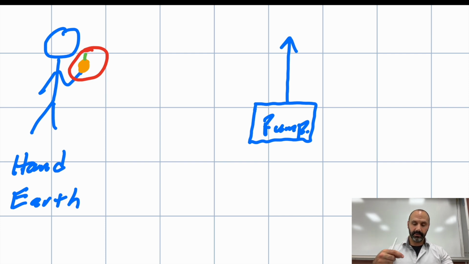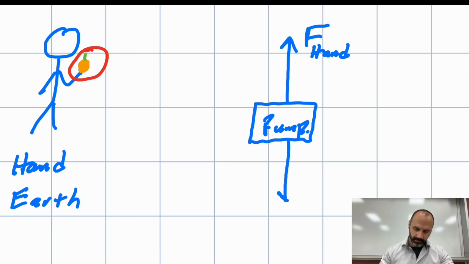Okay, and now I label this. I put a capital F here, and I indicate what the object is. So I'm going to write F, hand. You could write HOP, like hand on pumpkin. You could just write H if you wanted. Now I'm going to add the other one, earth.